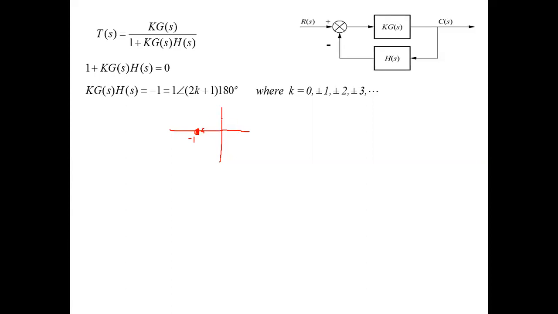If we move further 180 and repeat the cycle, the angle will be 540, and in the counterclockwise direction, the angle will be -540. So we can see that the angle is an odd multiple of 180. We can convert this -1 into this form: magnitude 1 and angle (2k plus 1) times 180, meaning an odd multiple of 180 degrees.